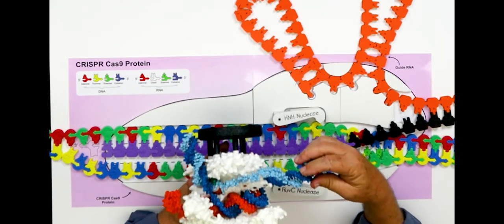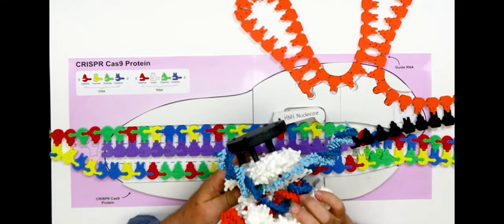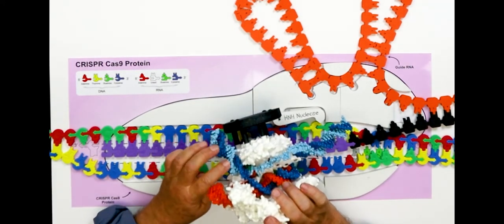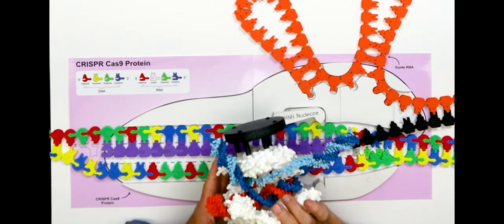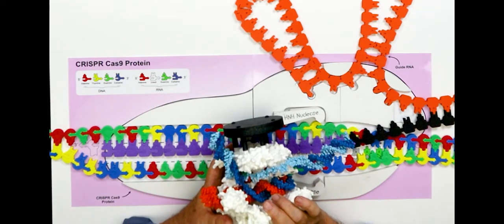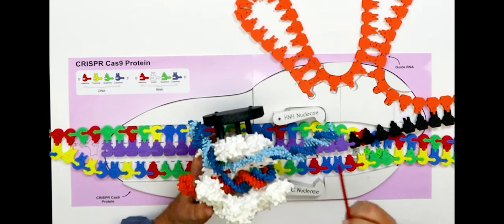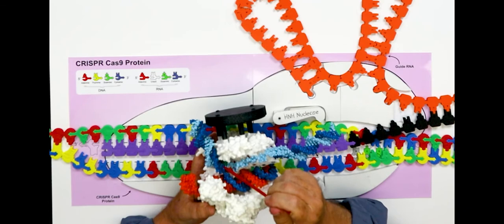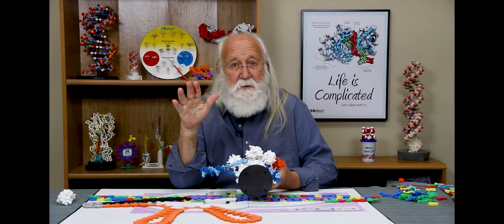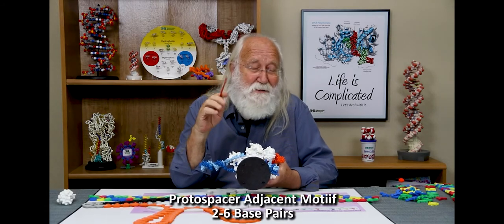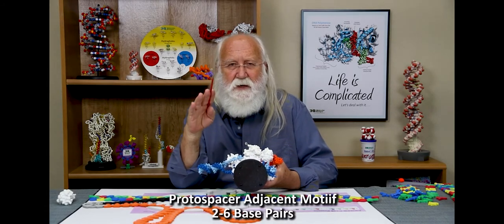So we have a double-stranded DNA that's made up of a light blue and a dark blue strand. And the double-stranded DNA comes into the Cas9 enzyme here. And you won't be able to see this, but there's a particular sequence in this double-stranded DNA that's referred to as the PAM sequence.